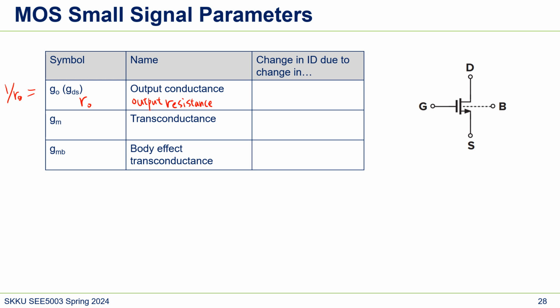It is the change in ID due to a change in VDS, where VDS is the voltage across here. So this symbol is how the change of VDS translates to a change in ID.